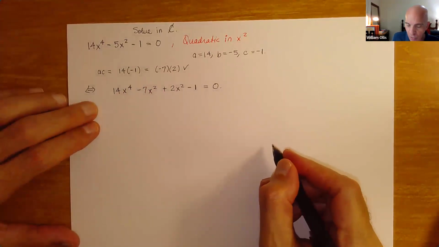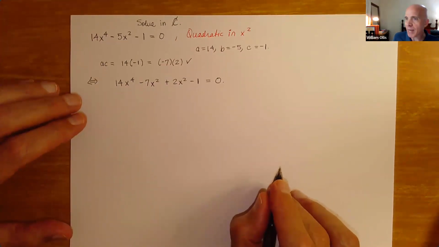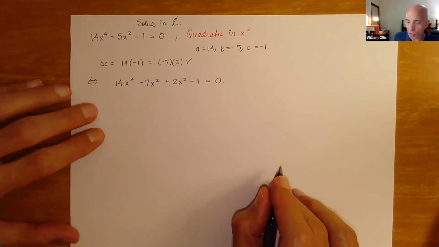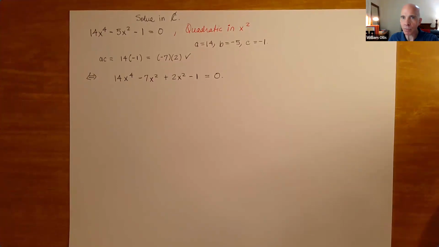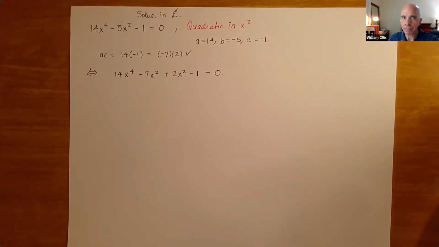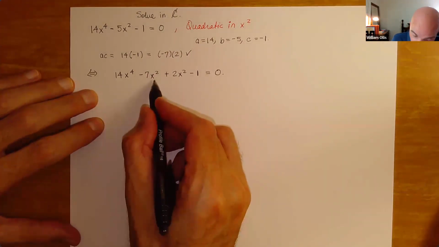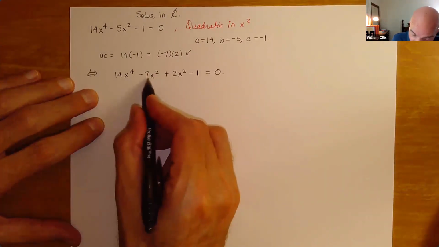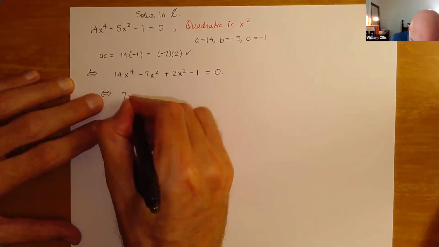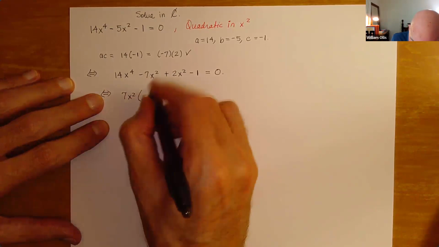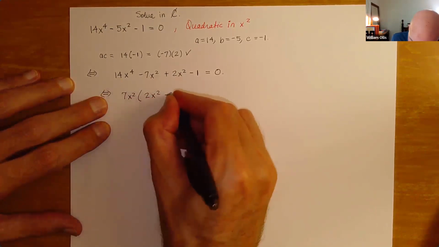So this is where we're really back to just factoring quadratics. That is, working with quadratic equations. We didn't have to do anything new here. Let me adjust this just a little bit. There we go. So now let's go ahead and do the factorization here. We can extract here the 7x squared in each term. 7x squared, and then we're left with a 2x squared minus a 1.